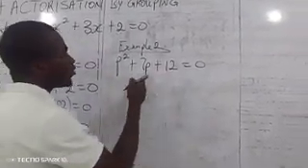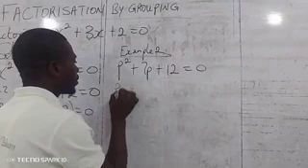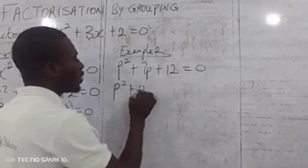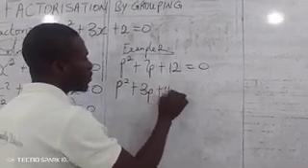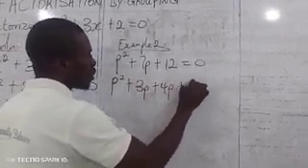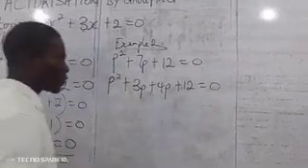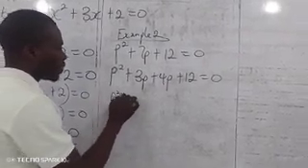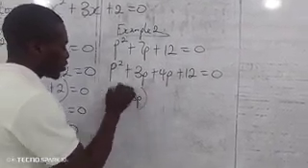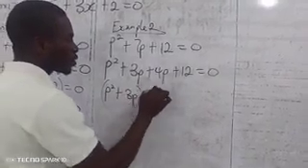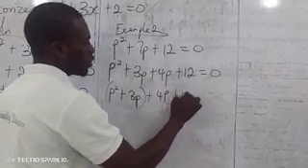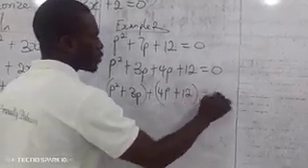So let's go. I'm using 3 and 4. So p squared plus 3p plus 4p plus 12 is equal to 0. Let me group now. I have p squared plus 3p close bracket plus 4p plus 12 is equal to 0.